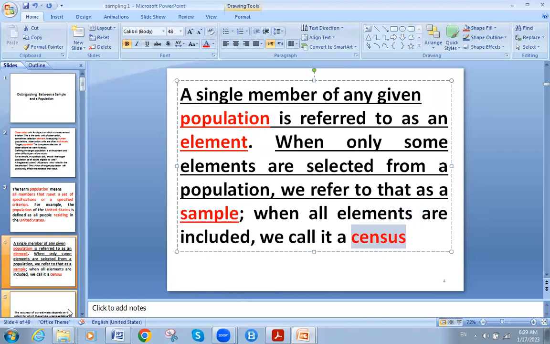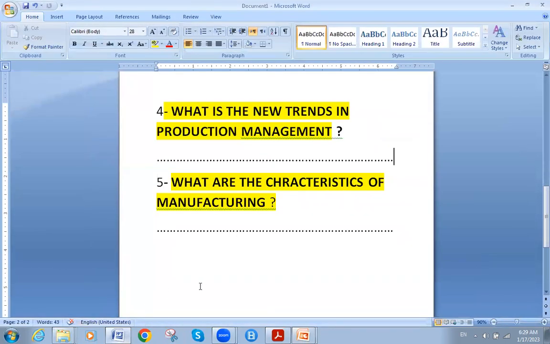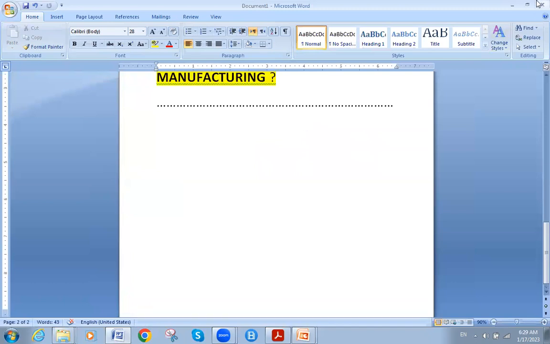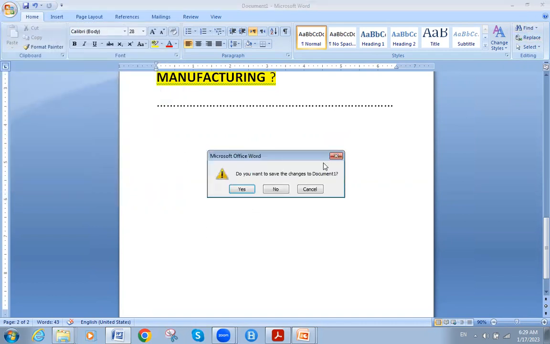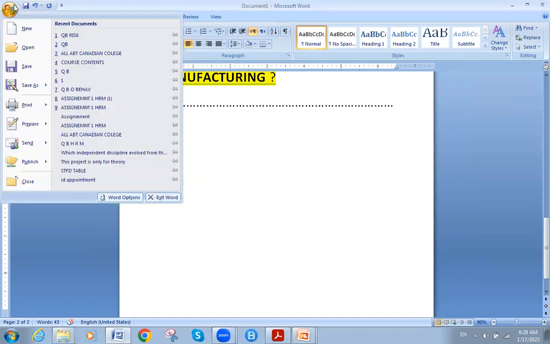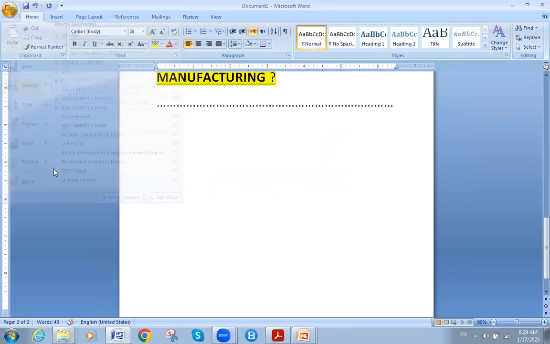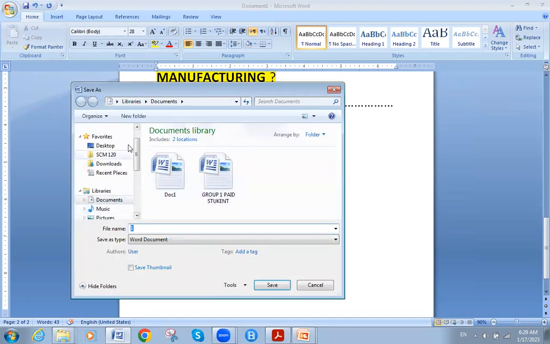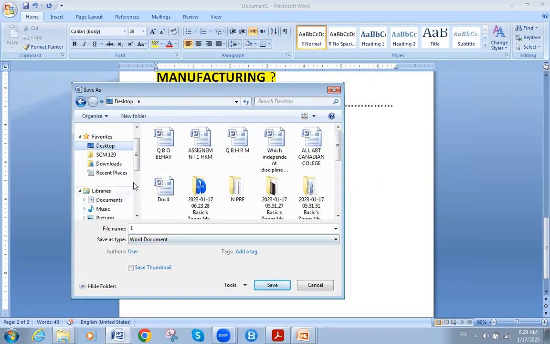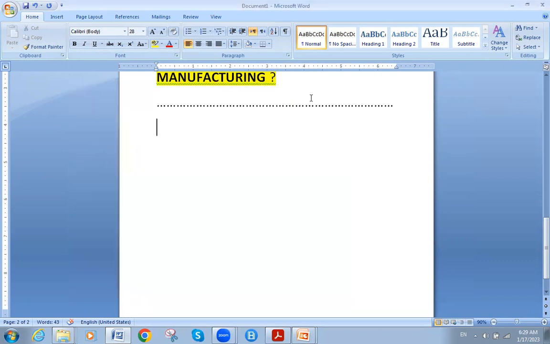So this is what leads me to put the first question here. In sampling today, we will put the first question. Give me one minute, please. I will open another new page.